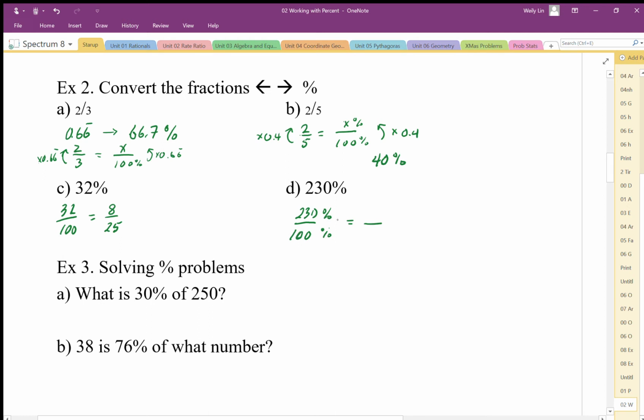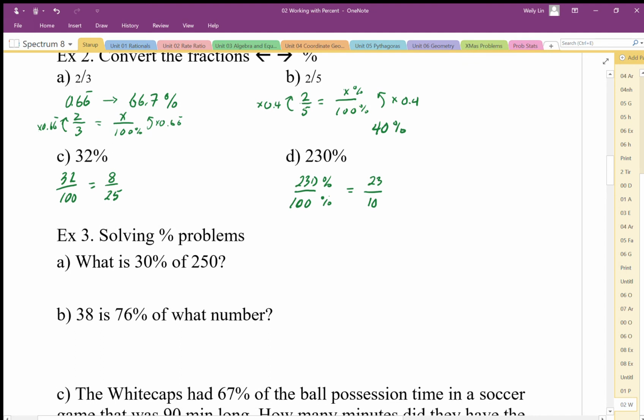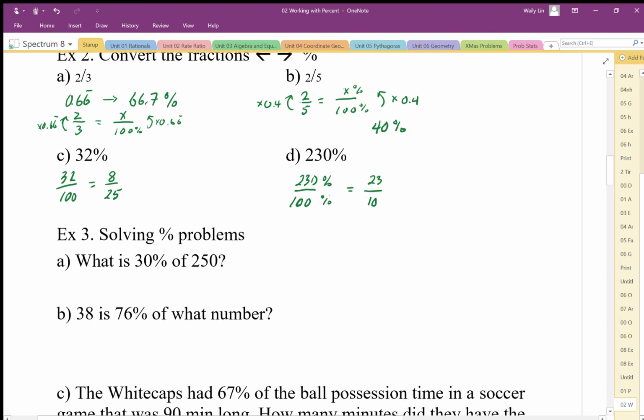Okay, and we can simplify this. We have common factors of 10, so it becomes 23 out of 10, okay, as our fraction. And our decimal multiplier is going to be 2.3, which is our decimal value for that fraction.